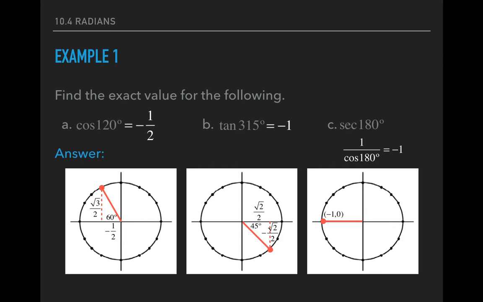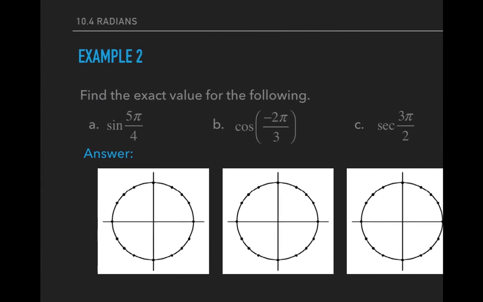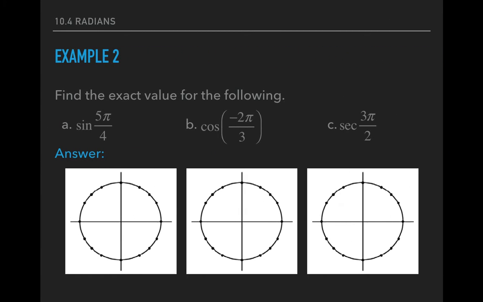All right, so that was an example of using your unit circle to give exact trig ratios. Let's do similarly, but now using radian measure. We're getting better at using radians. Let's figure out in which quadrant is 5 pi over 4. That is in your third quadrant, and it is a reference angle of 45.